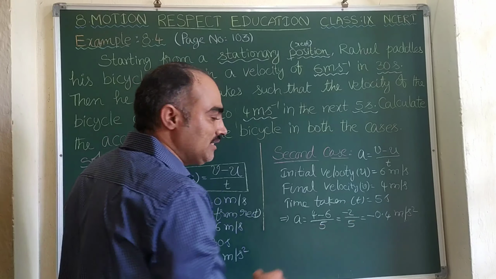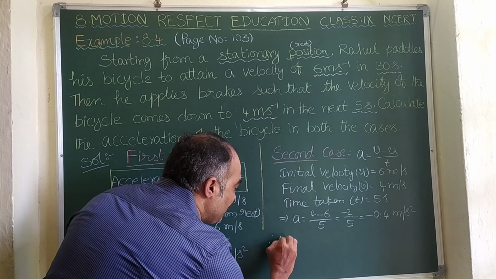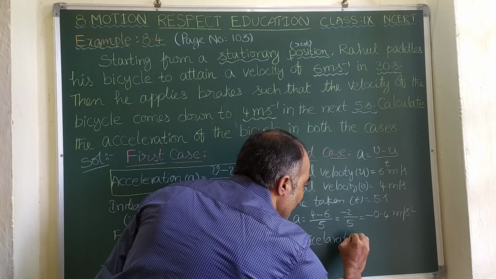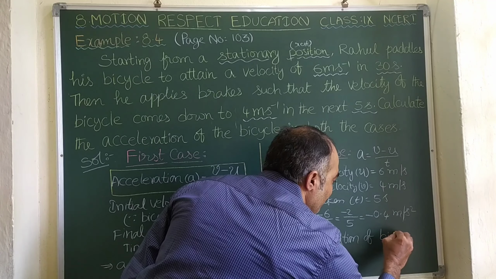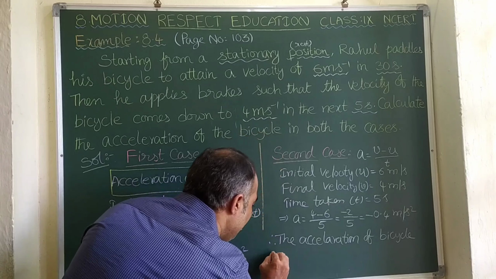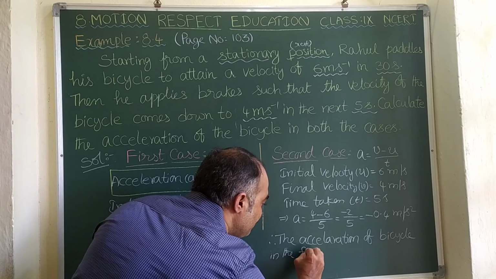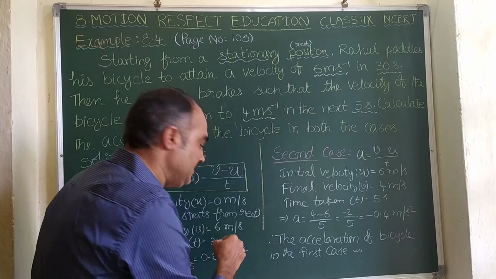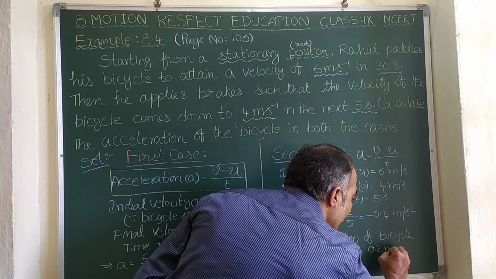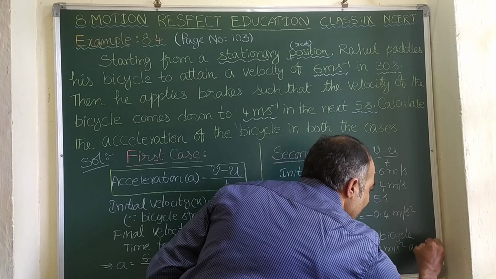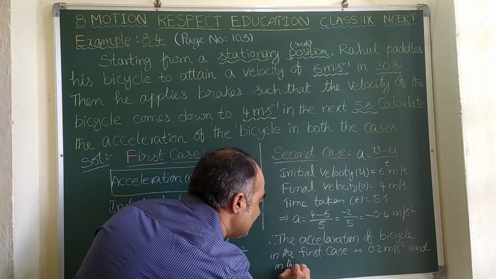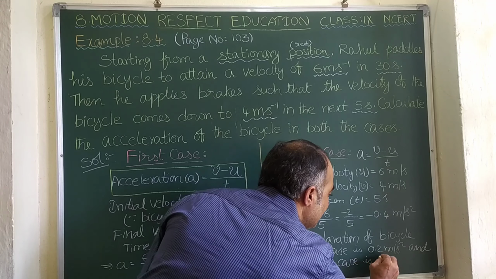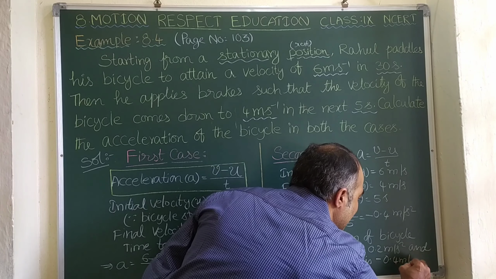Here we can write the conclusion that therefore the acceleration of the bicycle in the first case is 0.2 meter per second square, and in the second case it is minus 0.4 meter per second square.